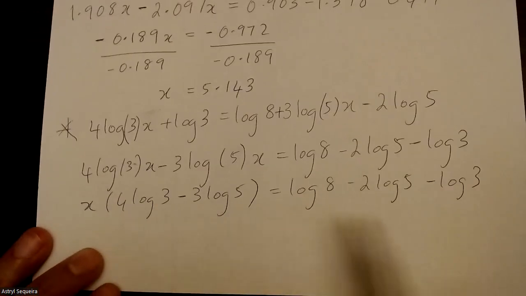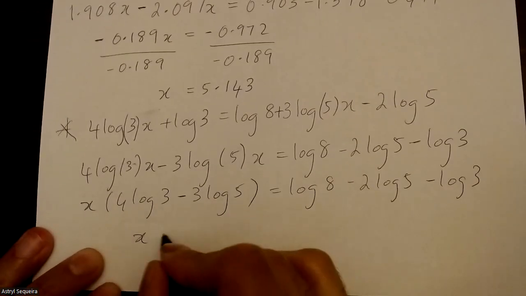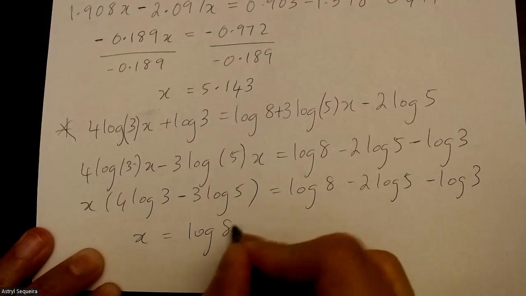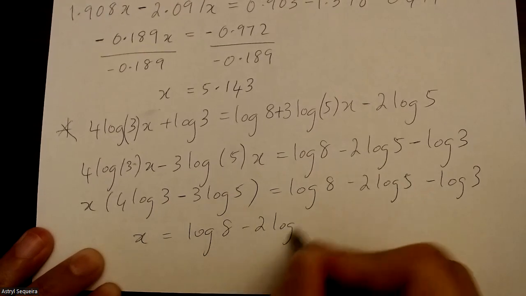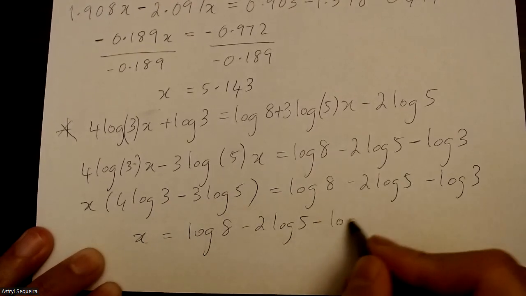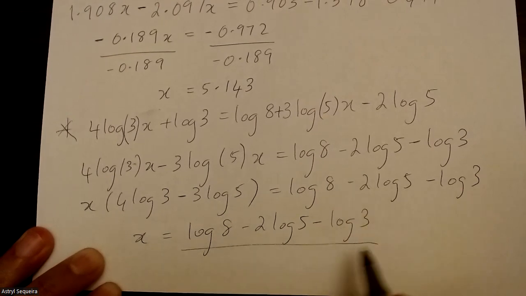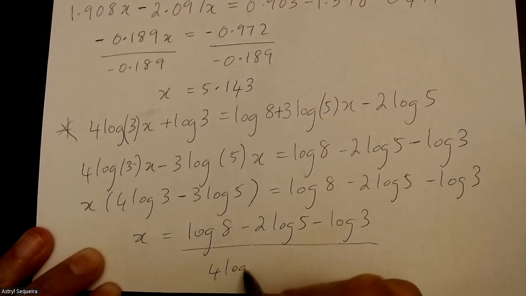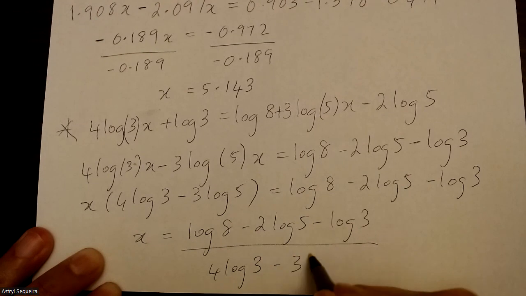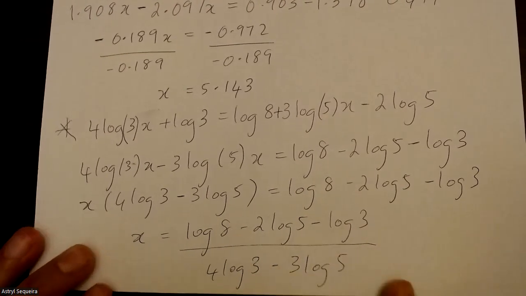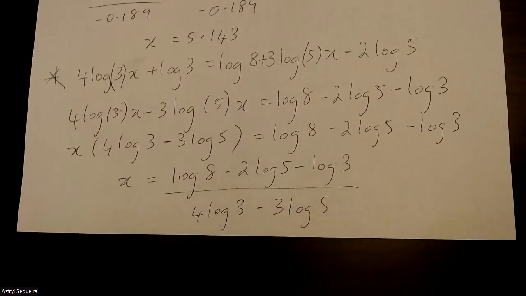Then I'm just going to divide this on this side to isolate x. x equals log 8 minus 2 log 5 minus log 3, divided by 4 log 3 minus 3 log 5. If you type this whole equation in your calculator, you should get the same answer we got earlier. So let me do it really quick.